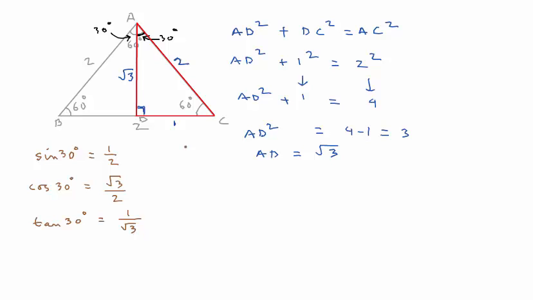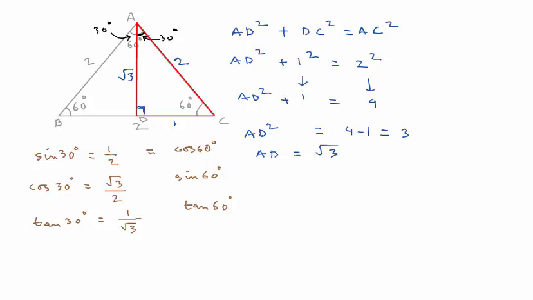Now if you want to find out cosine 60 degrees, sine 60 degrees and tan 60 degrees, you could either use this angle, or if you remember what we learned towards the beginning of this lesson, cosine 60 will be the same as sine 30, right?